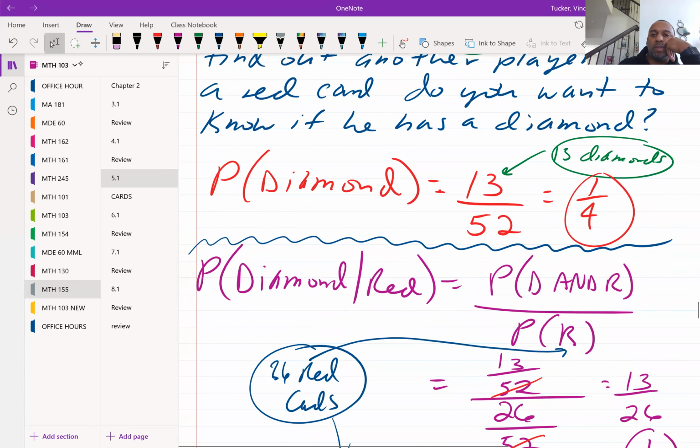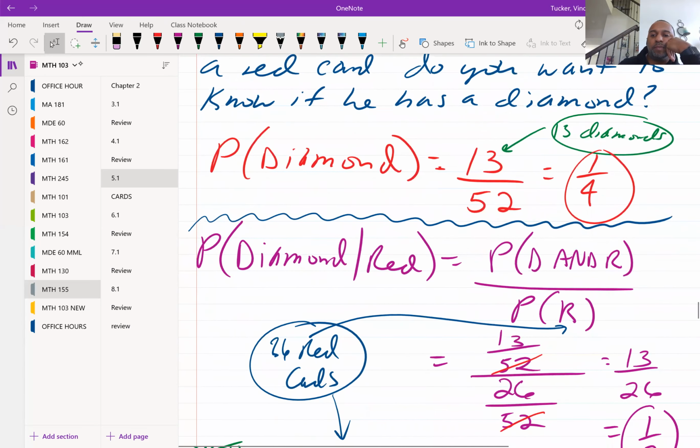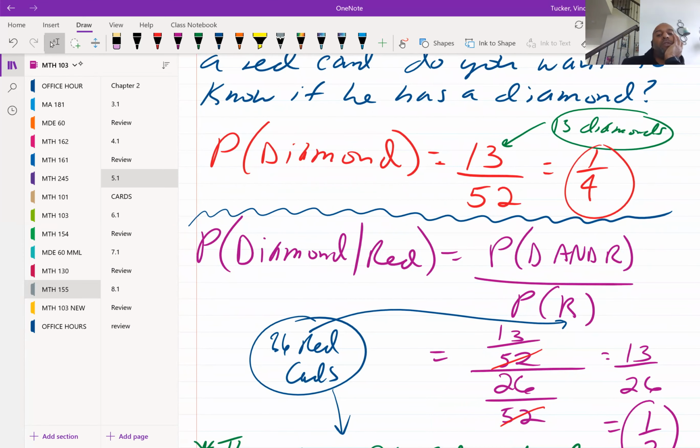All right, don't want to go too far, let me know. All right, so first we have to look at the top number, the probability of getting a diamond and red. So all of our diamonds are red. So that's 13 over 52. Then the probability of red cards. Don't forget there are 26 red cards.